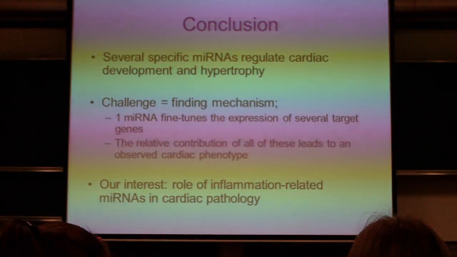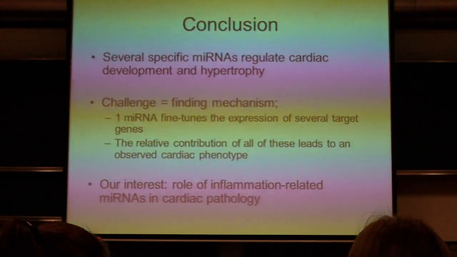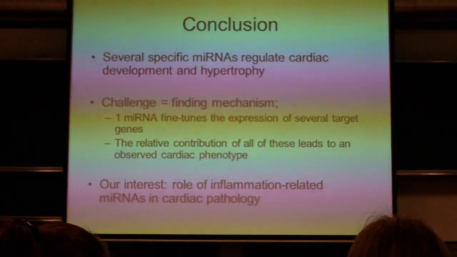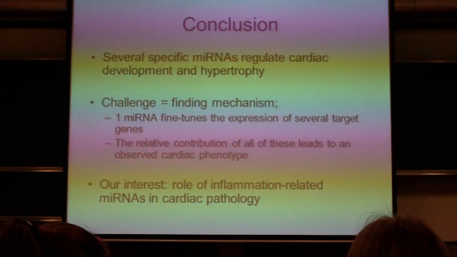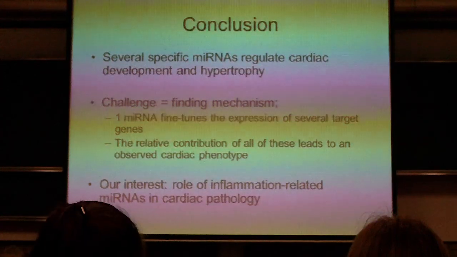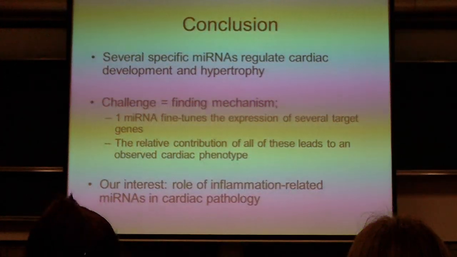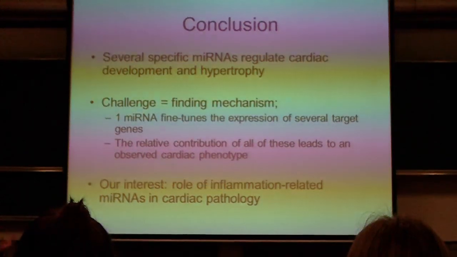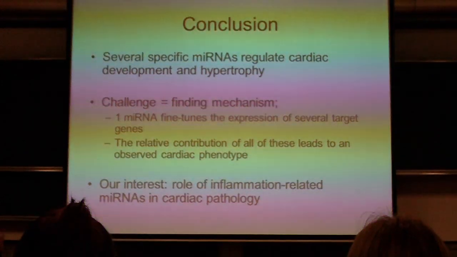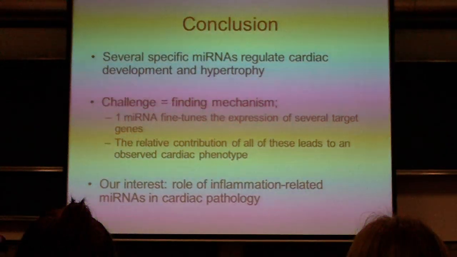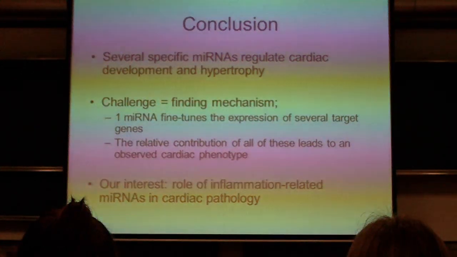In conclusion, there are several specific microRNAs that regulate cardiac development and hypertrophy. And the challenge always is finding the mechanism. So one microRNA, as I said, can fine-tune the expression of several target genes. Although I've shown you now very simple feedback mechanisms, microRNA-208, for example, probably has many more targets than only this thyroid hormone receptor signaling.